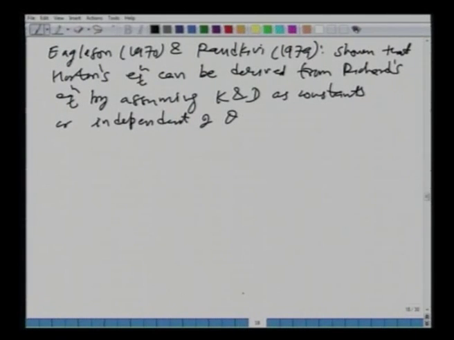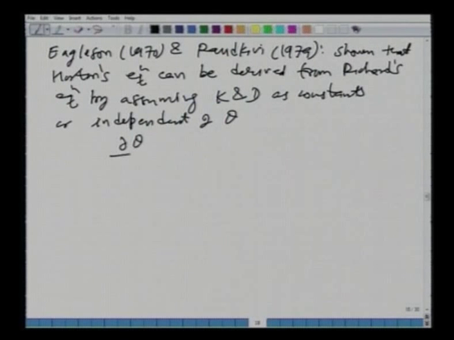In that case, your Richards equation will reduce to the form del theta over del t is equal to D del 2 theta over del z square. Let us say this is equation number 4.